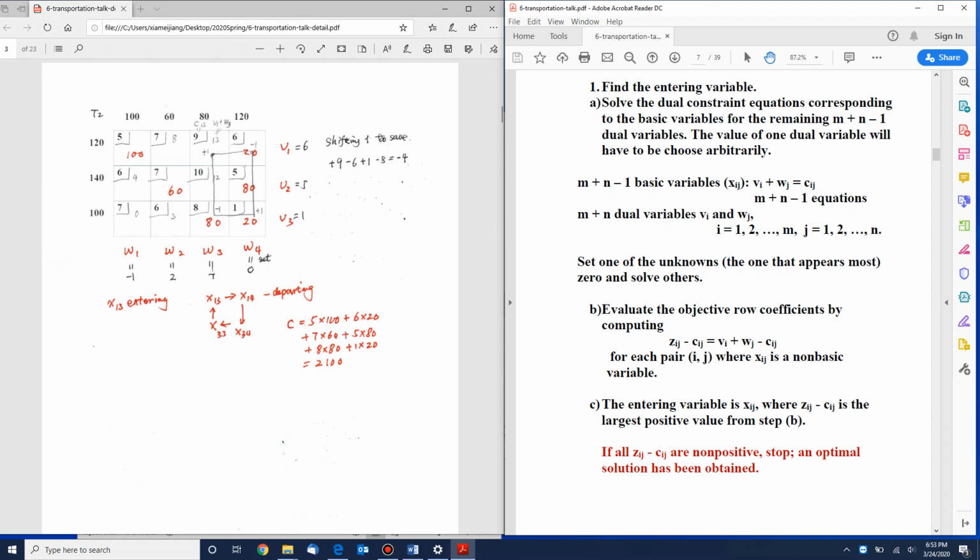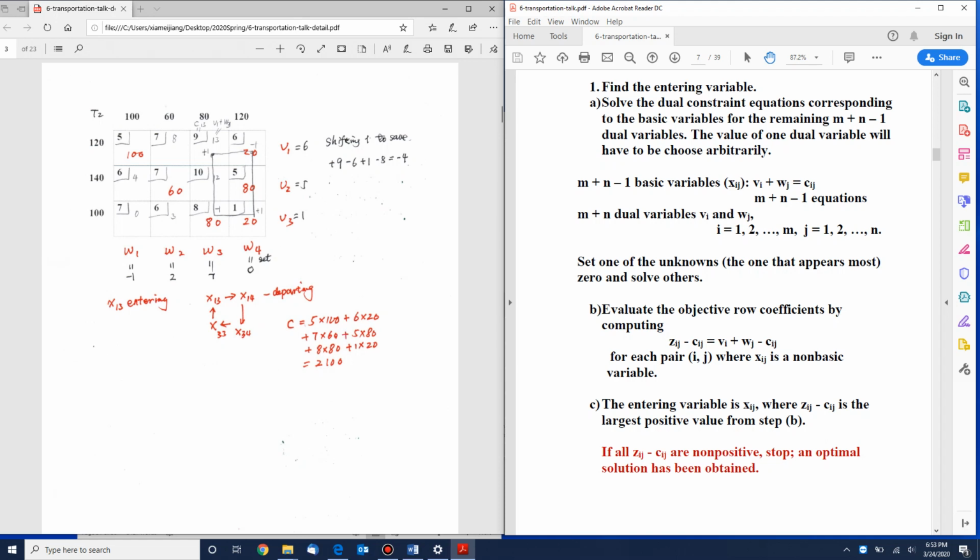For example, x24 is a basic variable, so c24 is 5. So v2 plus w4 equals 5, right? And we have those equations from those dual variables, just from the top row you can see it.